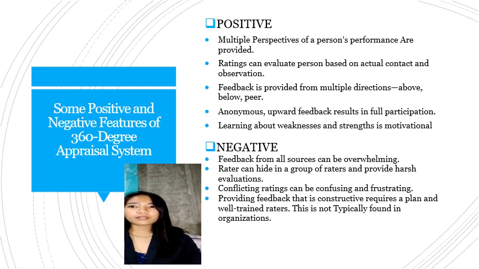Ratings can evaluate persons based on actual contact and observation. Feedback is provided from multiple directions: above, below, and peer. Anonymous upward feedback results in full participation. And lastly, learning about weaknesses and strengths is motivational.